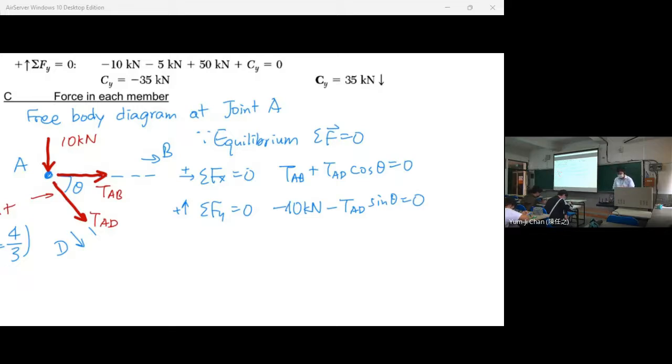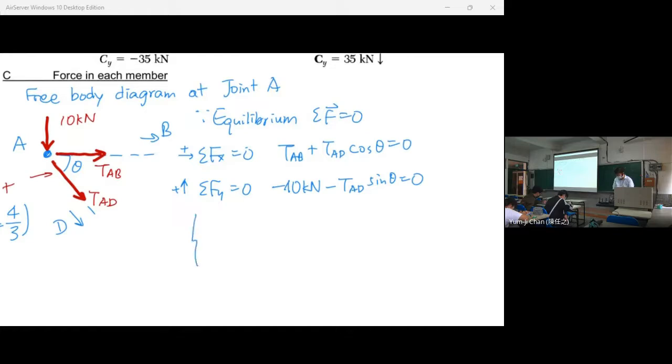So we will get TAB is equal to plus 7.5 kilonewton and TAD is equal to minus 12.5 kilonewton.